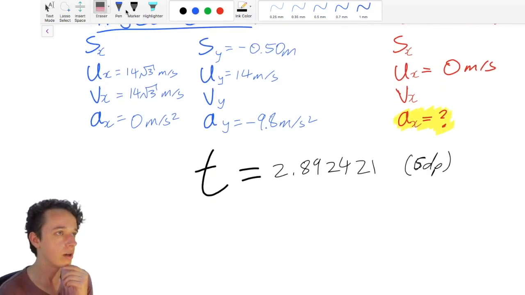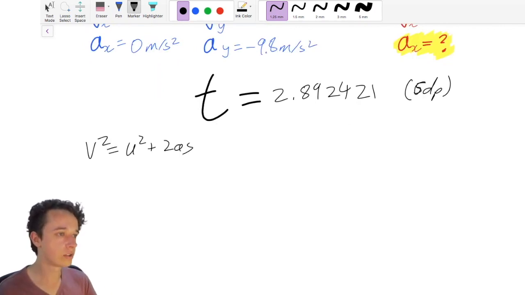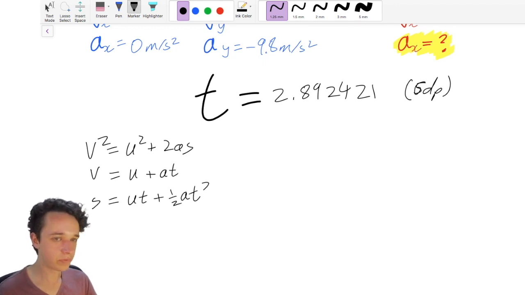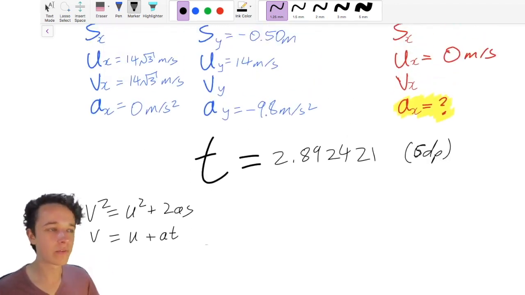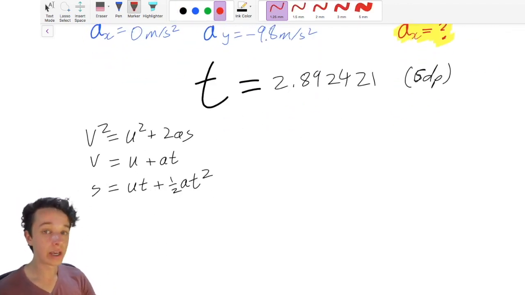So again, I'm going to use that equation. Actually, I'll just quickly do this again. Kinematic equations: v squared equals u squared plus 2as, v equals u plus at, s equals ut plus half at squared. So now we're trying to find an s. We're trying to find a displacement. So we need to use an equation that has an s in it.